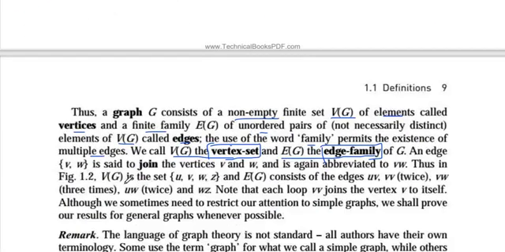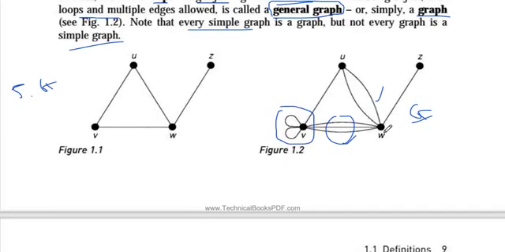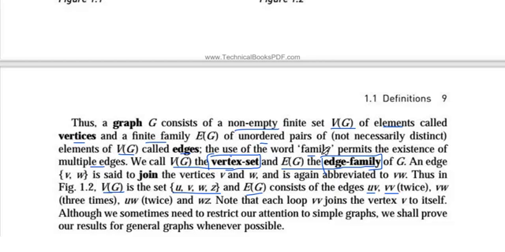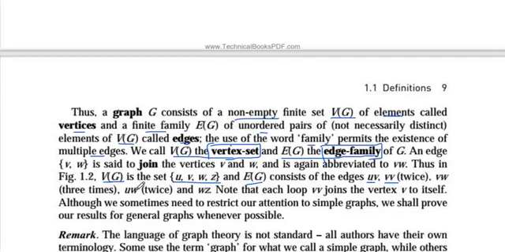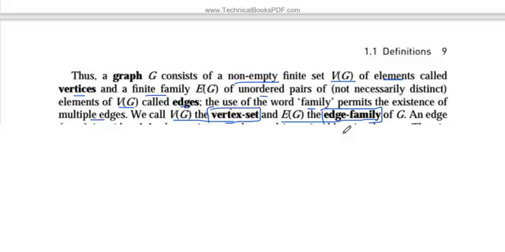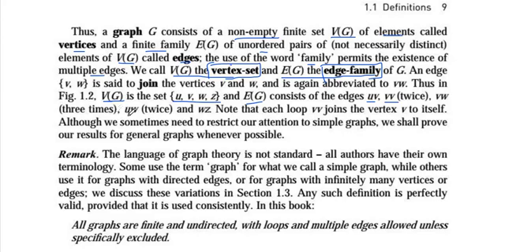Figure 1.2: the vertex set U, V, W, Z remains the same, but the edge family consists of the edges UV, VV twice, which is a loop, VW three times, so three edges are there, UW twice, and WZ.